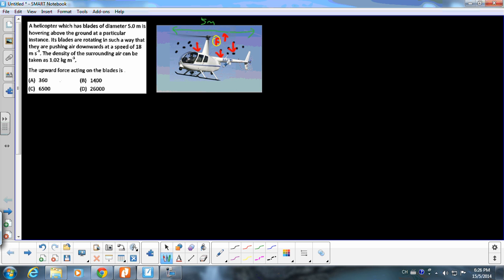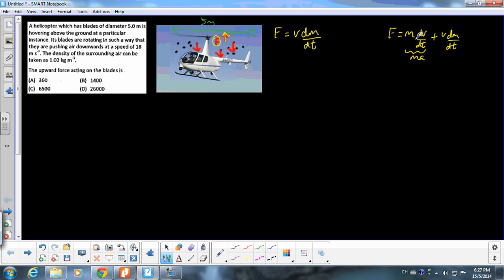Usually when it is a helicopter problem, or whatever fluid hitting a hard surface, here the blade is a hard surface, we need to use the formula F equals v dm/dt to solve the problem. This is no longer F equals ma. In the past we learned that F equals m dv/dt plus v dm/dt, where dv/dt is a.